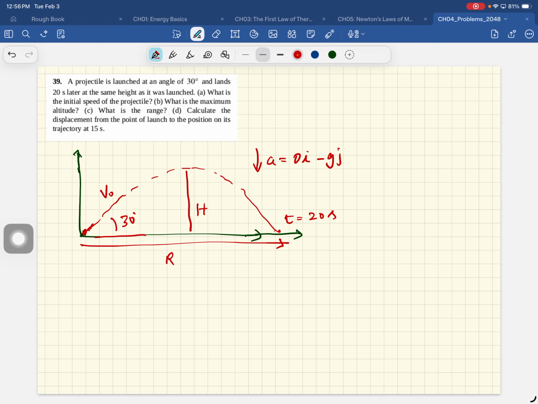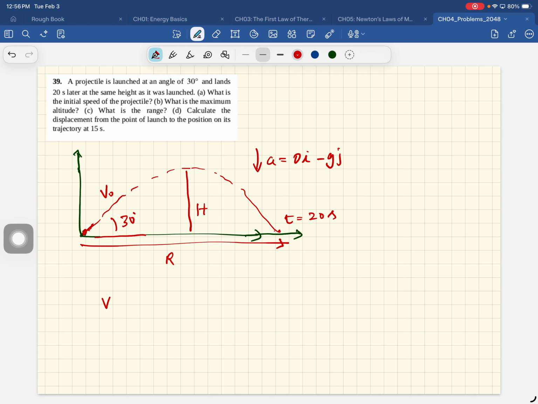All right, so they tell us a projectile is launched at 30 degrees, lands 20 seconds later at the same height it was launched from. What is the initial speed of the projectile? They want you to find that, okay?